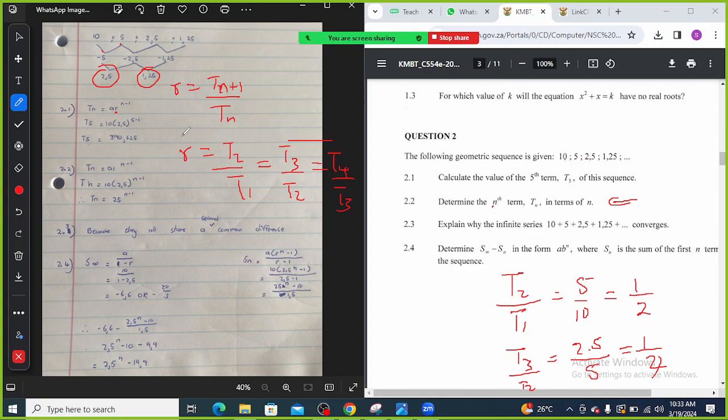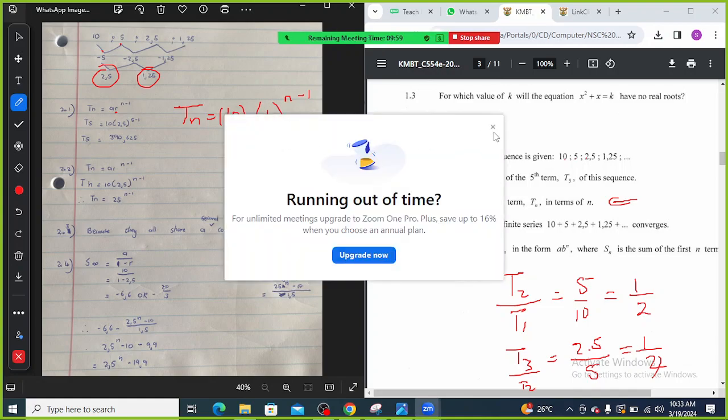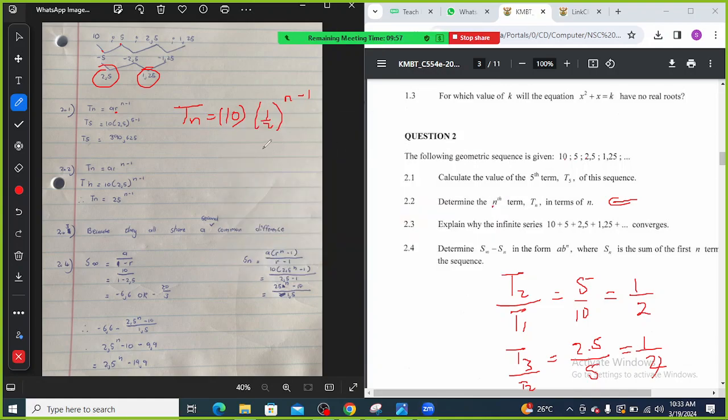Okay, let me show you what I mean. Now, let's find the equation. Now we have your R. Your R is 1 over 2. We know that A is the first term of the sequence. So we have Tn equal to 10 times (1 over 2) to the power n minus 1. We can check if this is correct by finding the first term. If we plug in 1 here, 1 minus 1 is 0. What is 1 over 2 exponent 0?